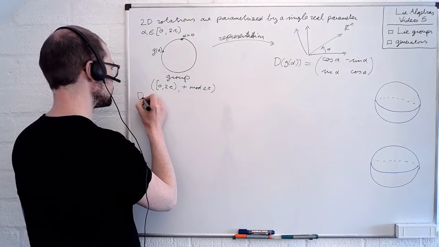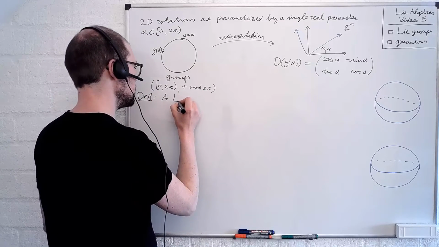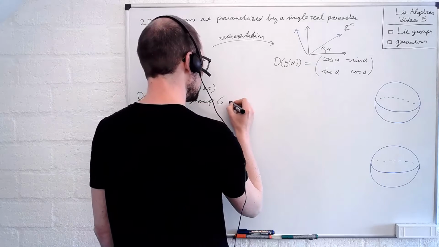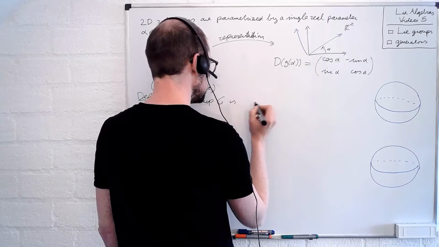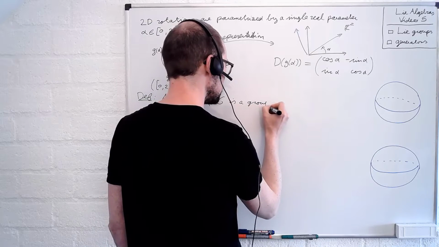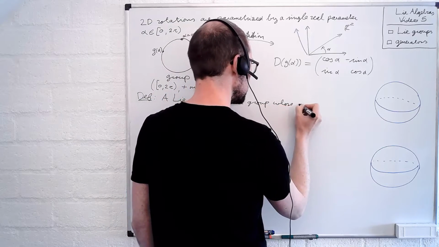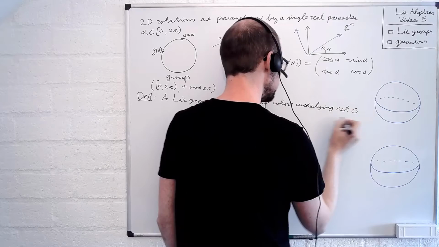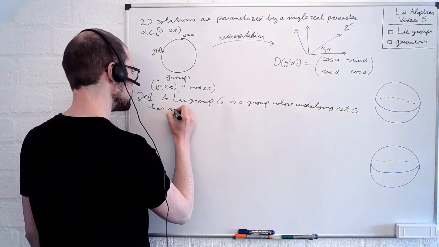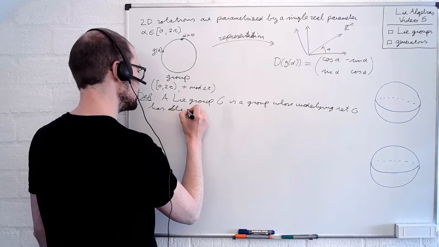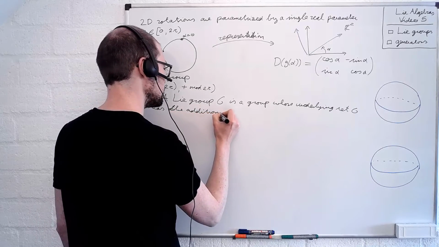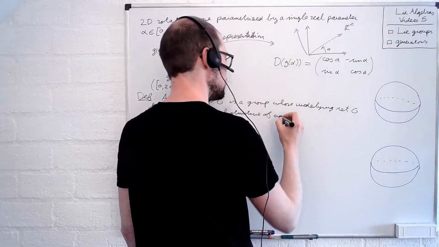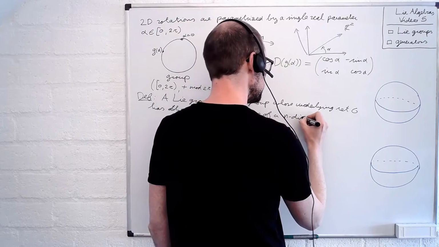So definition: a Lie group G is a group whose underlying set, say G, has the additional structure of an n-dimensional manifold.